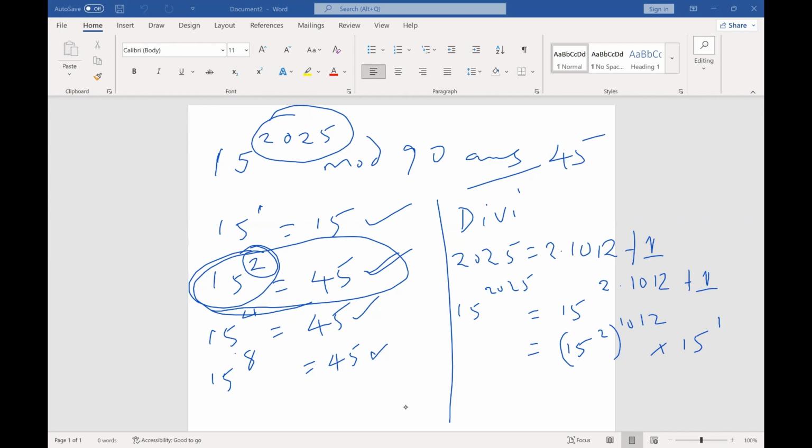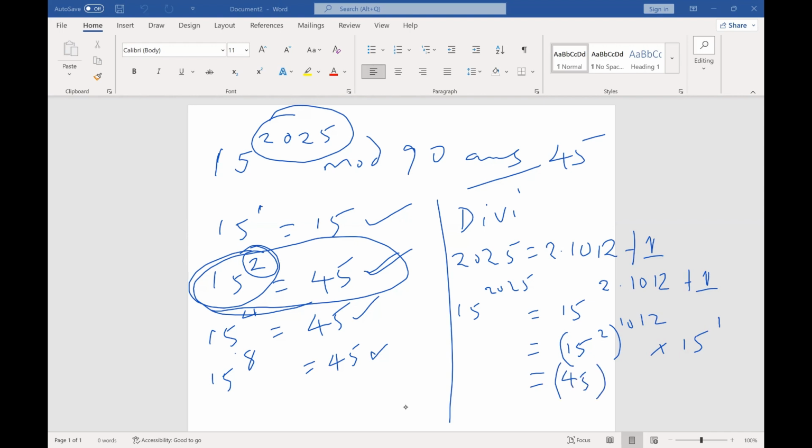Because I've discovered that every time I have 15 squared, it will give me 45. And then this 45, if I square it, just gives me 45. Every time I square it, is that okay? That is now the logic I'm using. Whatever is inside the bracket, 15 squared is 45.